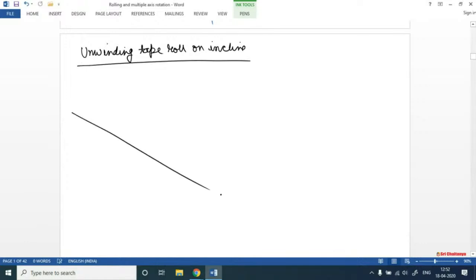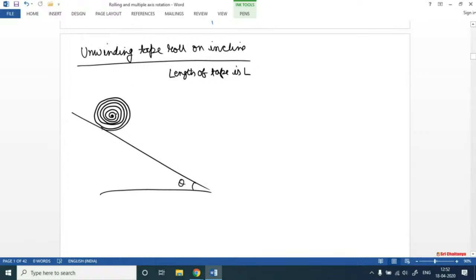Let's say we have an inclined plane of angle of inclination theta, and here we have a tape roll which is tightly wrapped, and let's say the length of the tape is L. And initially it is here.